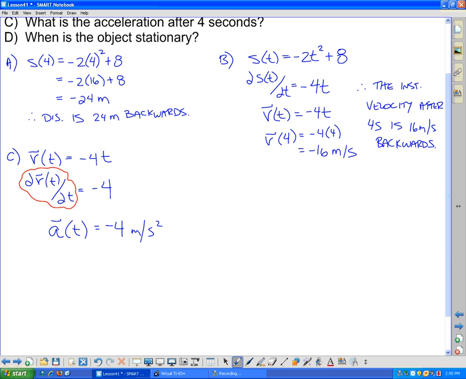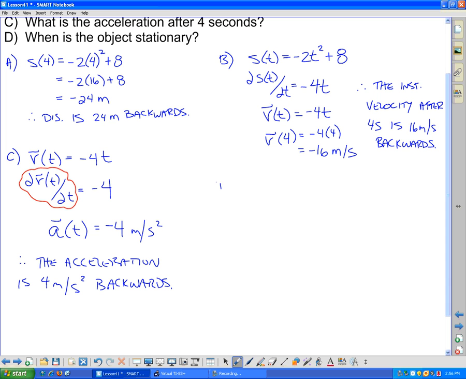And it is, in fact, a constant, so it doesn't matter the time here. So it could be after 7 seconds, 9 seconds. Basically, this object is accelerating backwards. So therefore, the acceleration is 4 meters per second squared backwards.